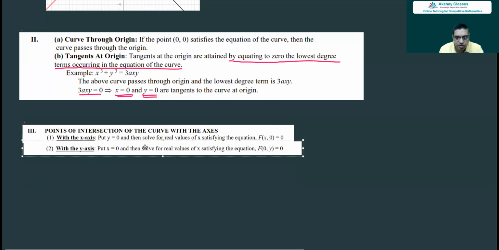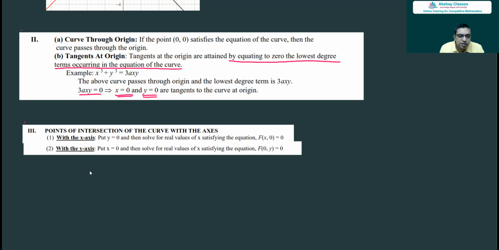So when you put y equal to 0 and solve for all real values of x in the equation of the function, then we get the points where the curve cuts the x-axis.